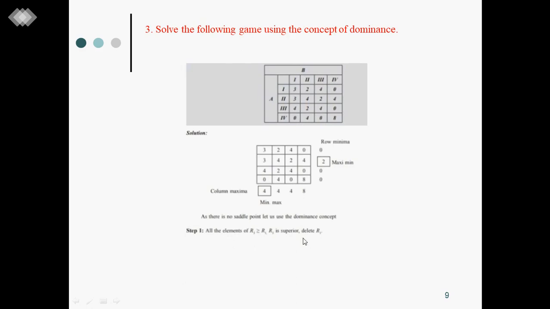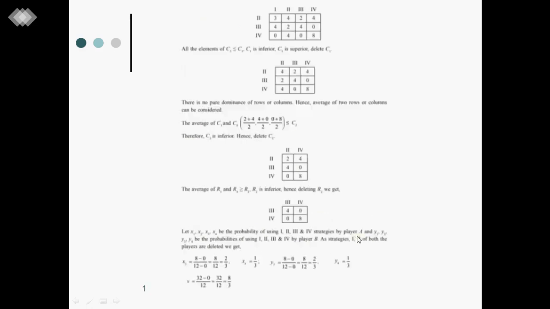First you have to check for pure row dominance, fine. If it is there, fine. Otherwise go for column dominance. You try to reduce to the possible extent. Then if you get a stage wherein there is no pure row dominance or column dominance, only then you go for grouping of rows or grouping of columns. You can combine 2 rows and compare with the third row or fourth row, whatever it is.